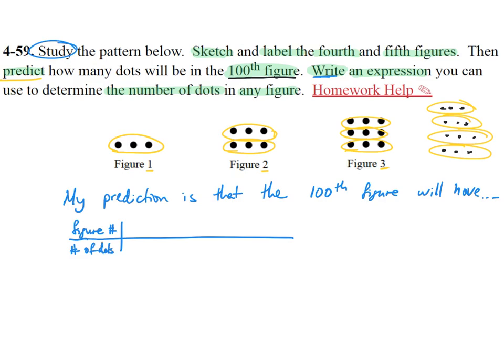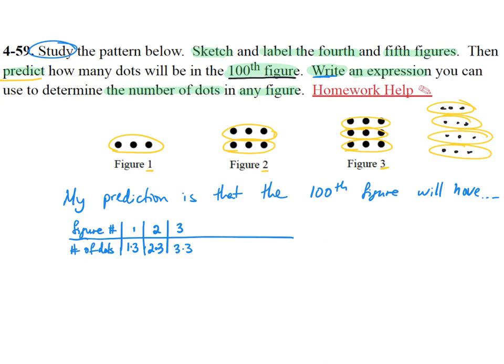When I started with figure 1, I had one group of 3, and it is 3, but I kind of wanted to see it. Second one is 6, but I was thinking 2 groups of 3, so I'm writing what I was thinking. Then 3 was 3 groups of 3, and so on.